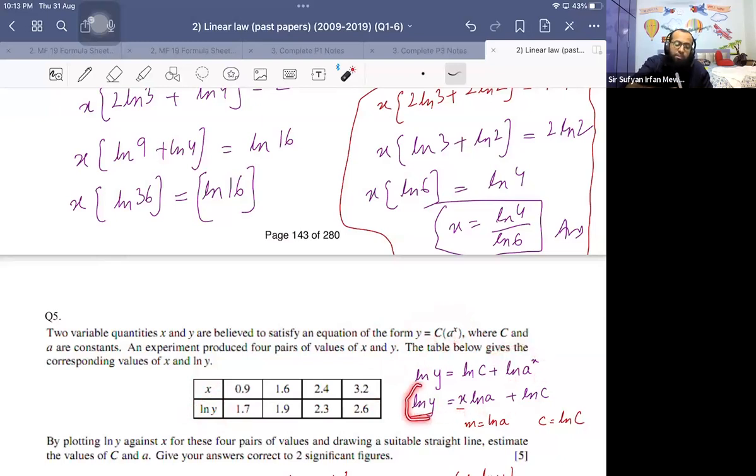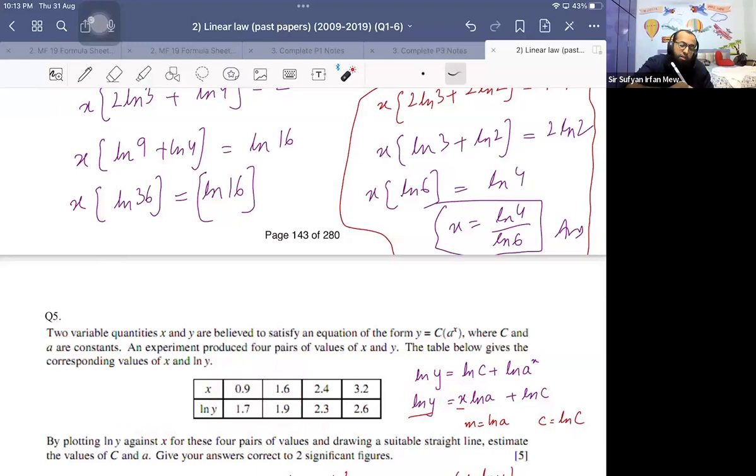Now we can see that there is ln y. We can see that there is x. So the graph of ln y against x is a straight line with gradient as ln a and ln y intercept being ln c. The examiner tells us by plotting ln y against x for these 4 pairs of values, so there are 4 points that we need to plot.